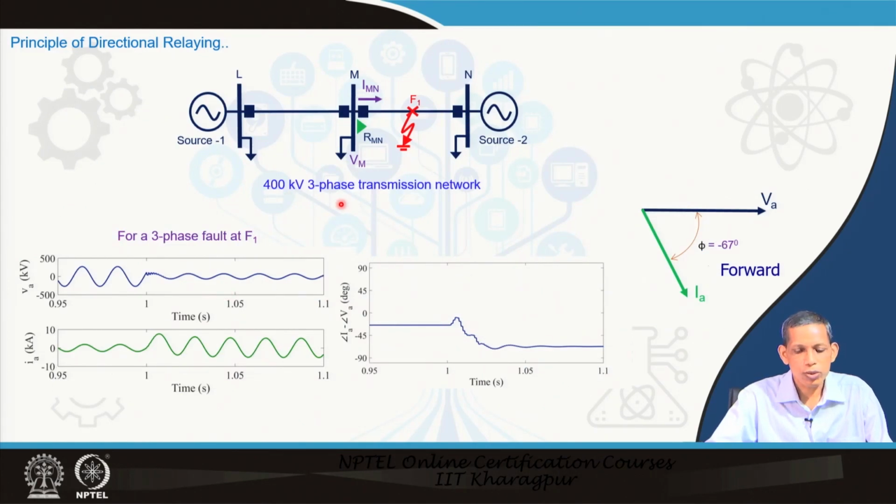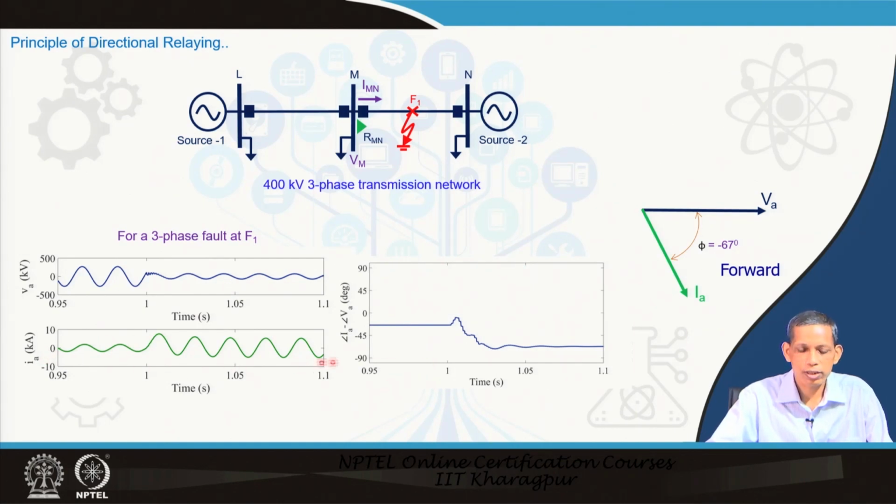Now, going to a three phase system, if you see this corresponding fault, you can say it is a three phase fault, so all phases are involved. This is the VA voltage signal, this is the current signal.